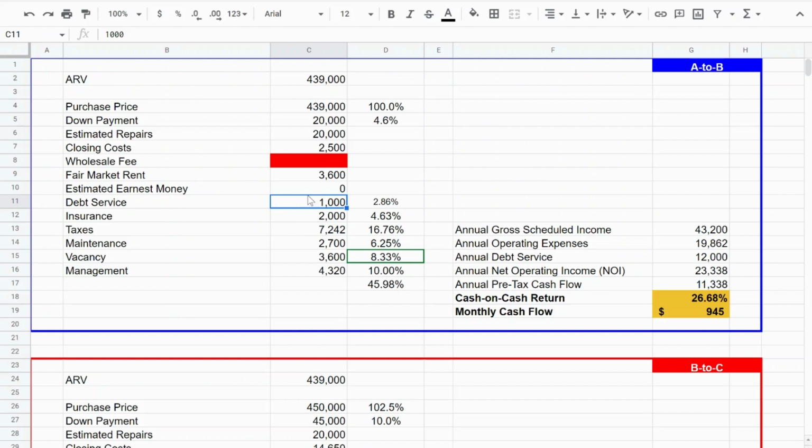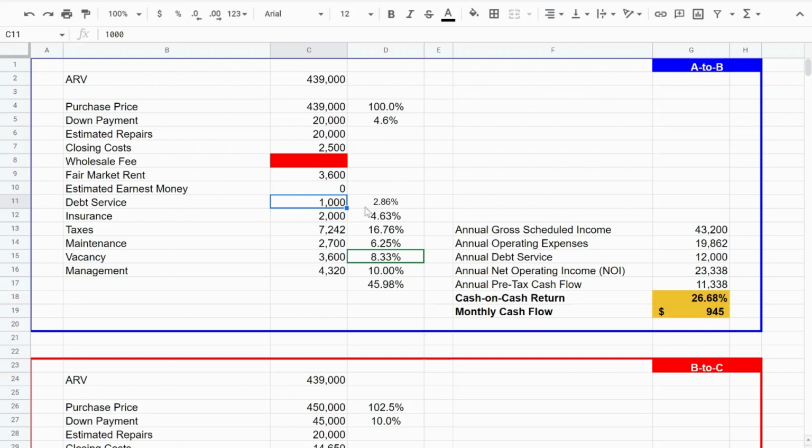So in a year, my loan balance would go down $12,000. If I do that, I am getting myself a 0% loan.